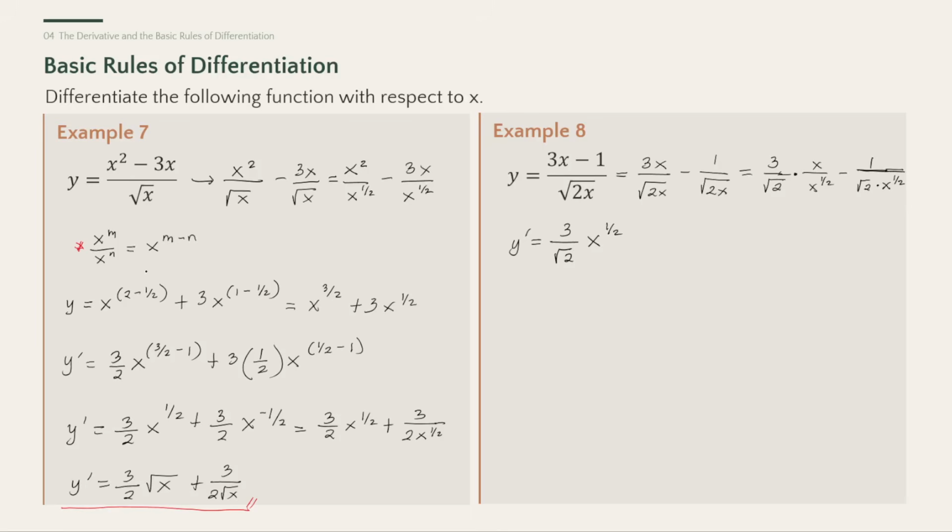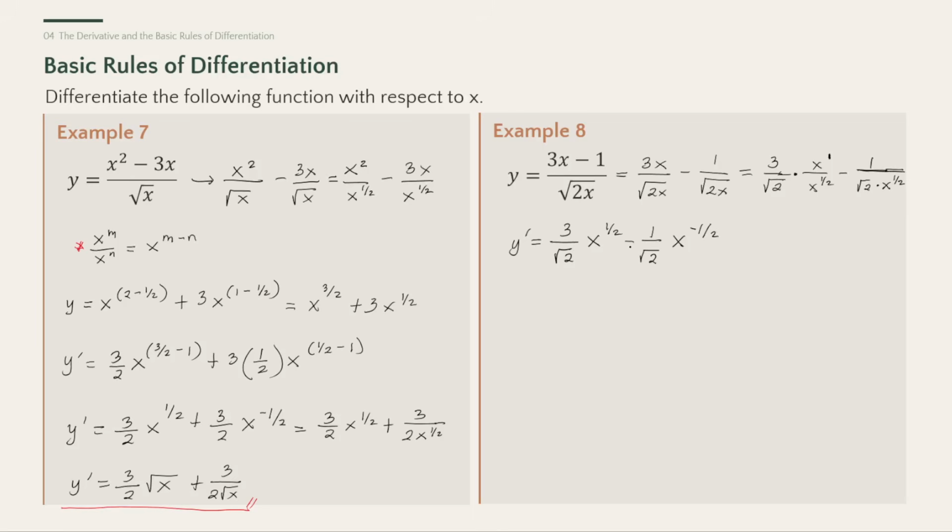This one, just like what we did here, the exponent of this is 1 minus 1/2, so 1/2. Minus the second one, it does not have an x term on the numerator. I just need to move the denominator to the numerator and reverse the exponent.